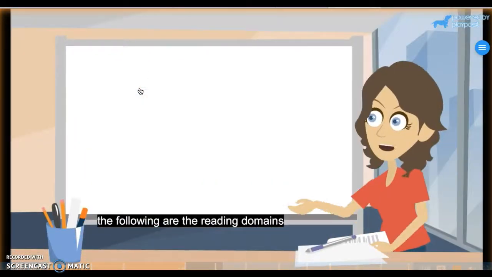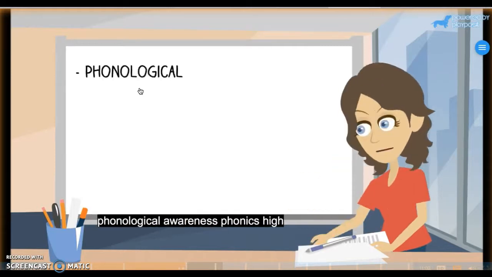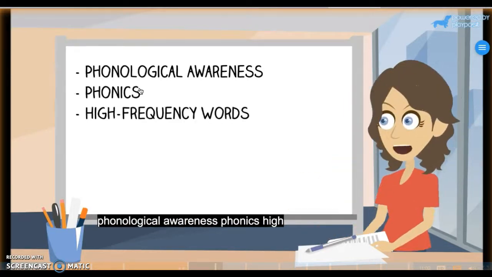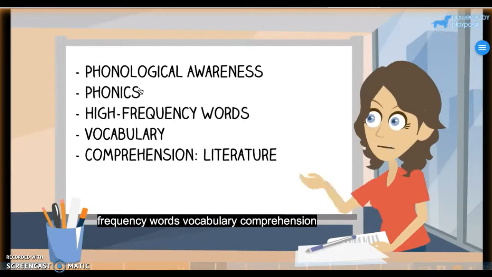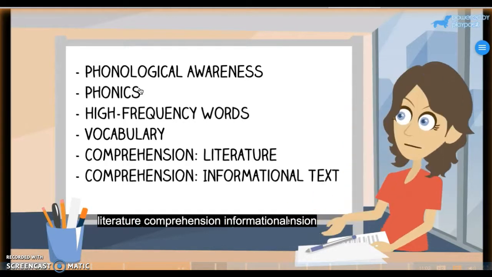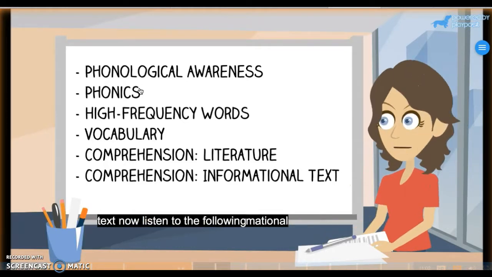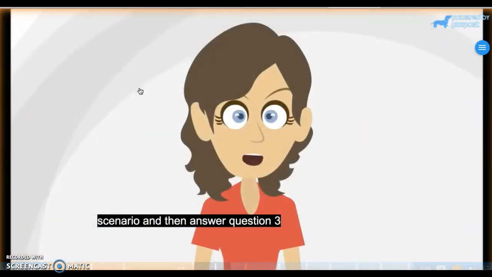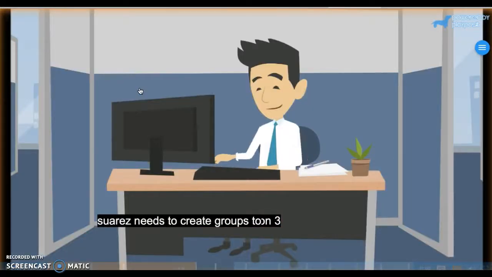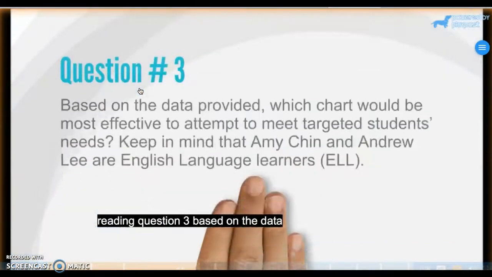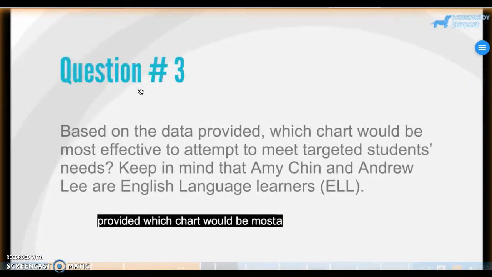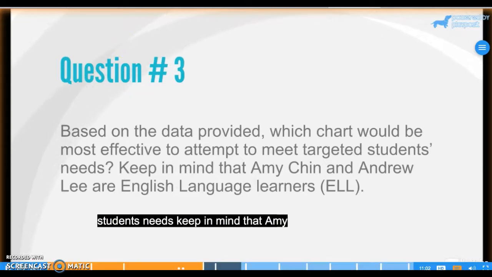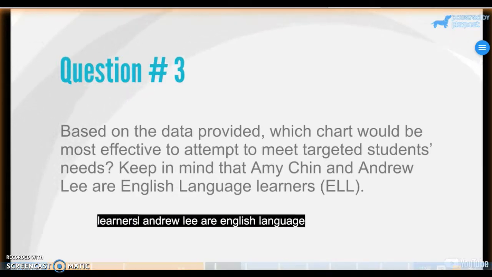The following are the reading domains addressed in the iReady assessment: phonological awareness, phonics, high-frequency words, vocabulary, comprehension, literature, comprehension, informational text. Now, listen to the following scenario and then answer question 3. Suarez needs to create groups to differentiate instruction during guided reading. Question 3. Based on the data provided, which chart would be most effective to attempt to meet targeted students' needs? Keep in mind that Amy Chin and Andrew Lee are English language learners.